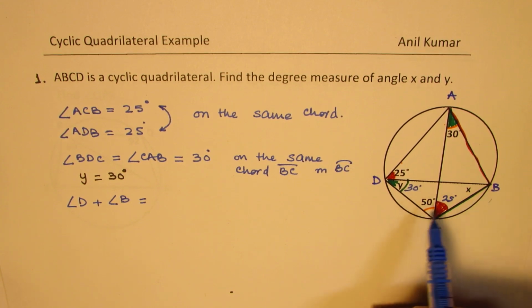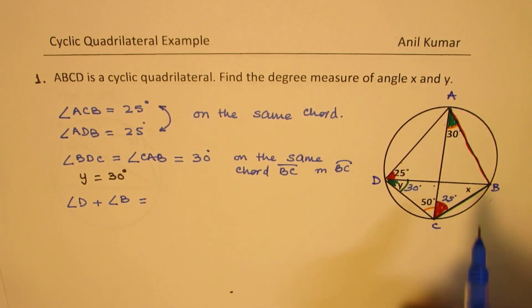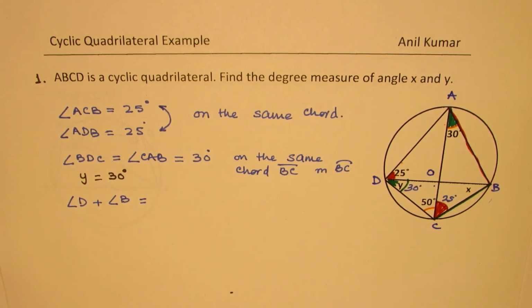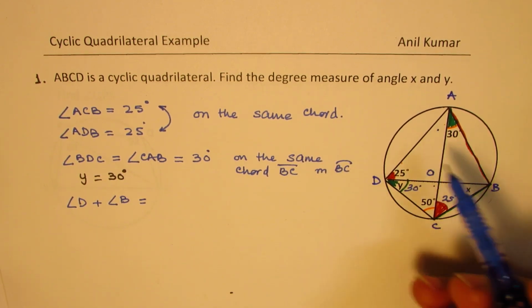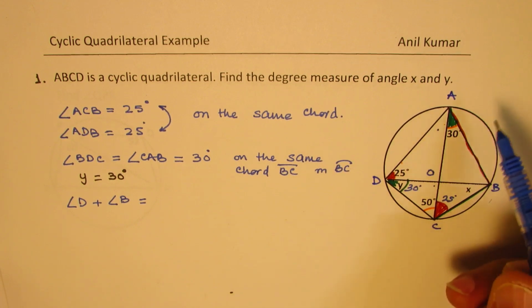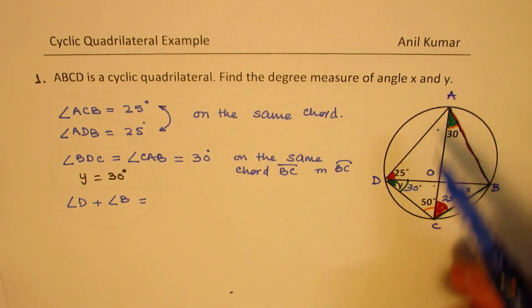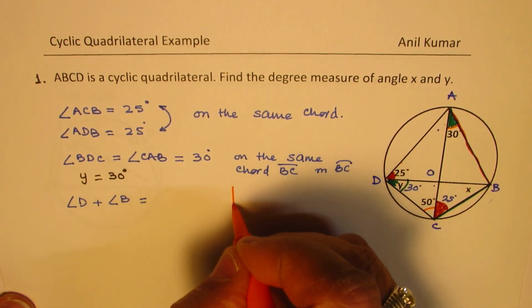Okay, so now we'll consider the angle right in the center. Since that is a triangle, let's call this point as O, right? We can actually find from this angle also. So there's an alternate way. So we'll go with angle A and C being sum of angle A and C being 180, right? So we'll get to this step. There are a couple of ways to do the same thing.